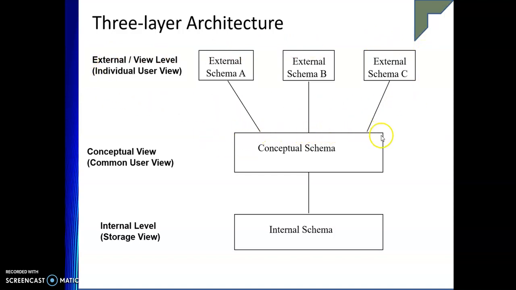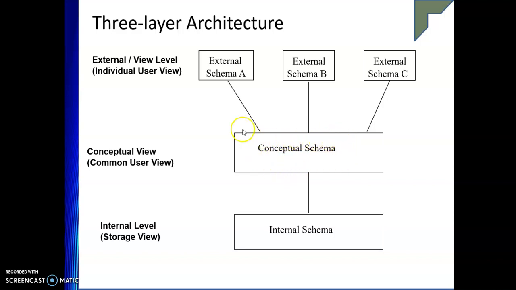Now, in the conceptual schema, whatever they are viewing is represented conceptually. For example, in an organization we have employees, departments, and projects. Maybe in schema A the user only looks at employee and project, schema B only at employee and department, but schema C looks at everything.